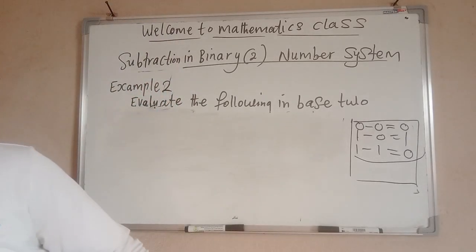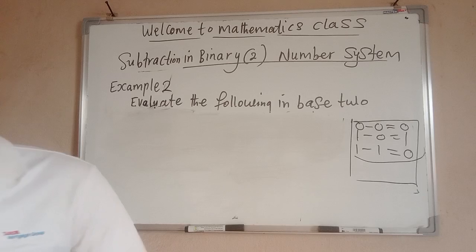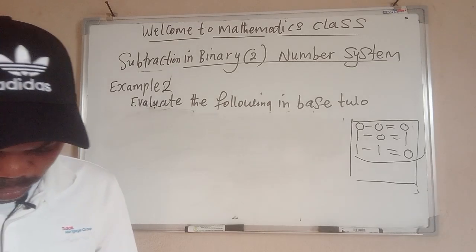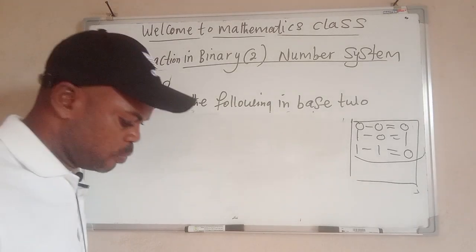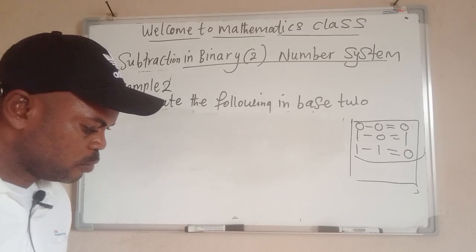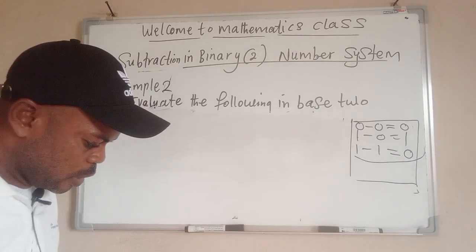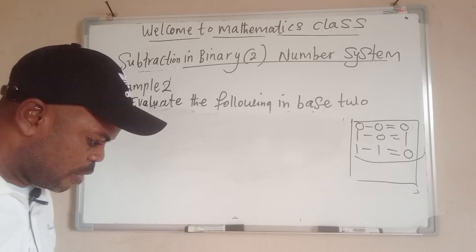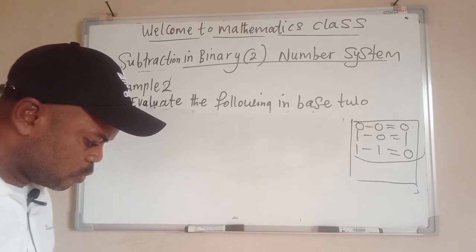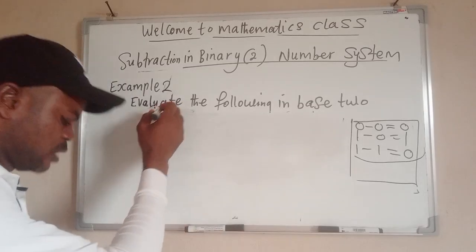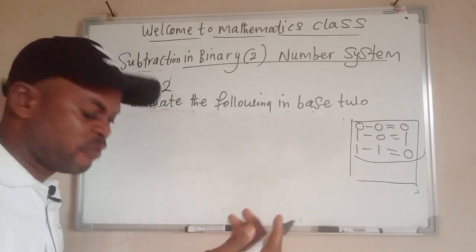Example 2 is saying, evaluate the following in base 2. But unfortunately for us, this has a decimal number, but it's still going to be very simple.